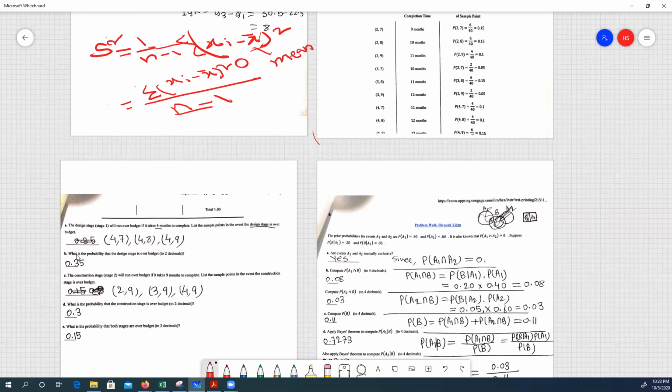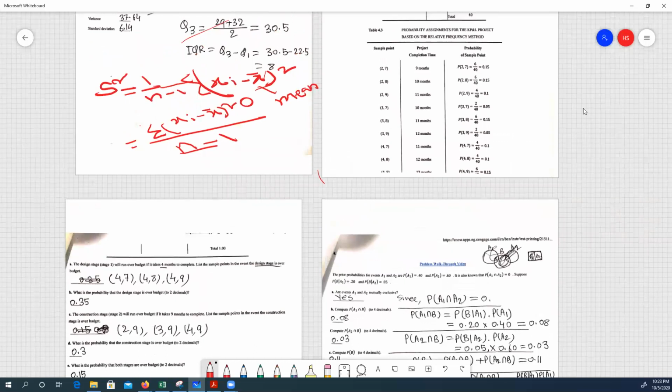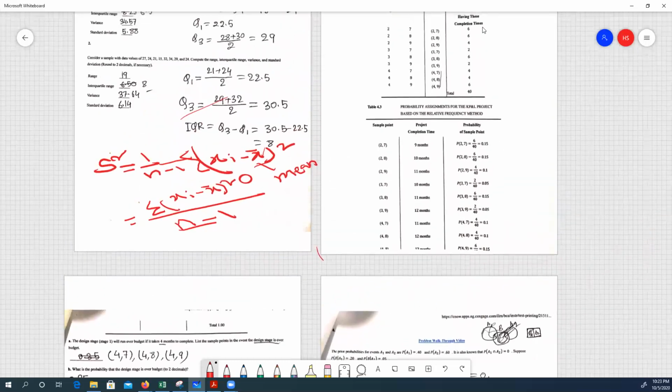So the second question is, what is the probability that the design stage is over budget? Now you have to find the probability corresponding to these sample points. One way is you can count the total number of projects for these 3 sample points.